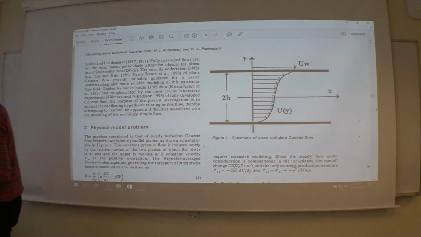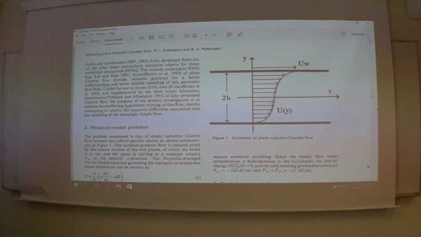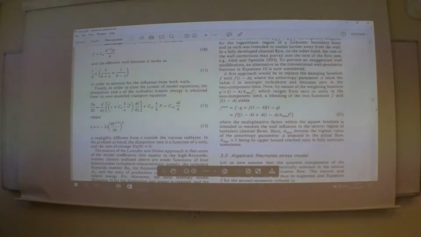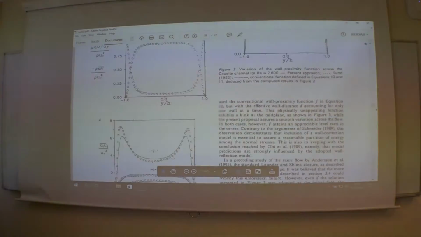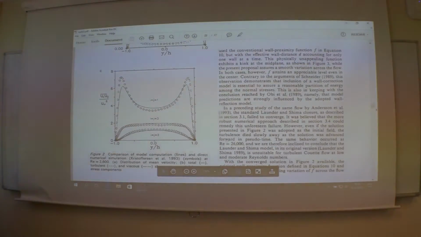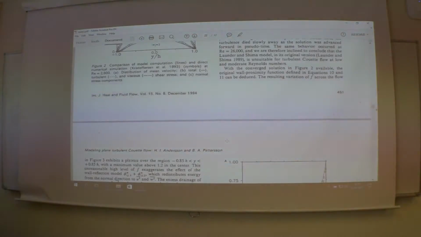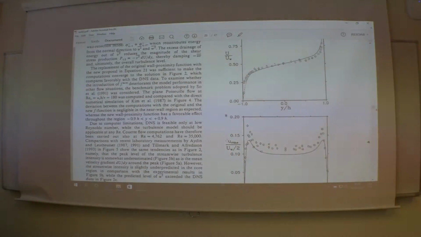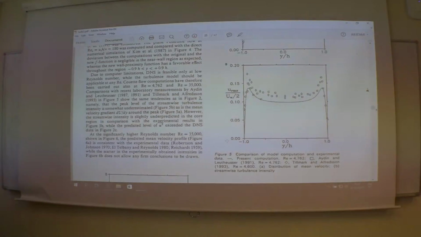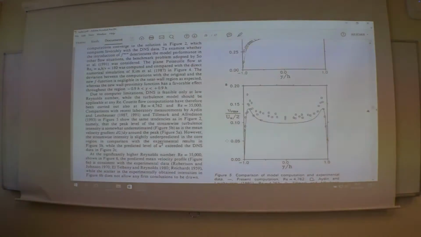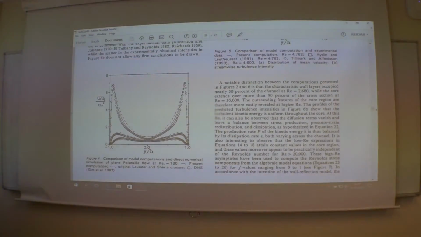And K epsilon, K omega, they can't see that at all. So they don't have these differences whatsoever. So to get a correct result, you clearly need quite advanced turbulence model, even for such a simple problem as this. Yeah, compared also with some experiments, and actually it's not so bad.